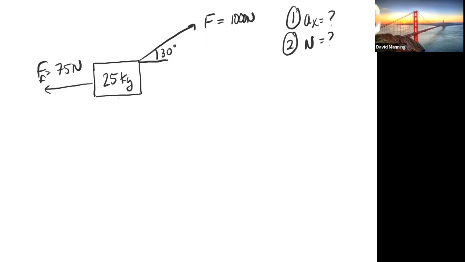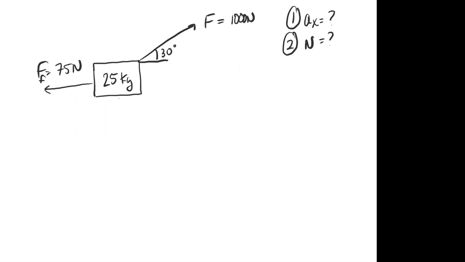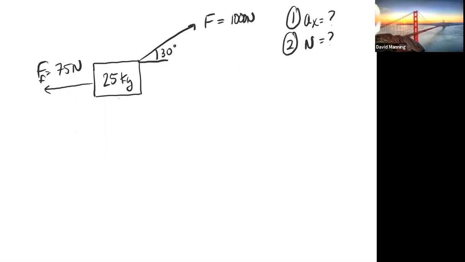Is the free body diagram complete right now? Simple yes or no, anybody? Is the picture that I have drawn an accurate representation of all the forces acting on the 25 kilogram mass?